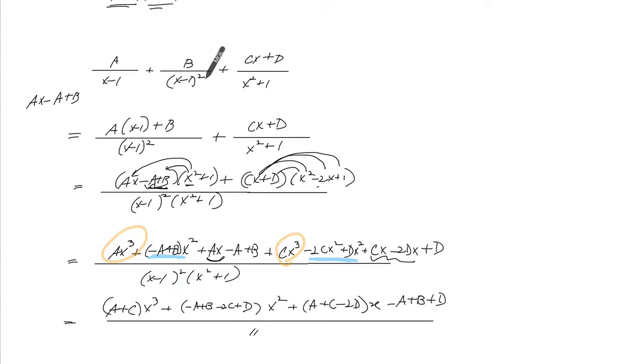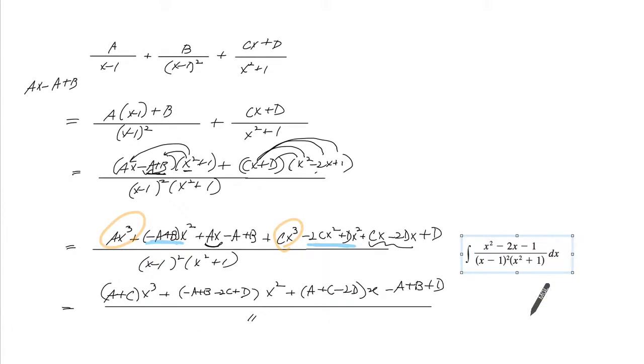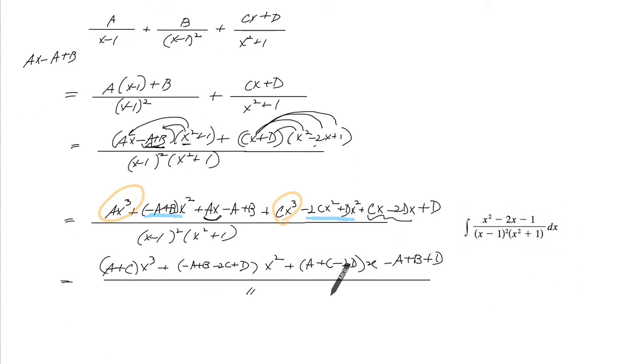So let me actually bring this down here. Because this doesn't have an x cubed term, we can say A plus C must equal 0. And all of this, minus A plus B minus 2C plus D must equal 1. And all of this, A plus C minus 2D must equal negative 2.